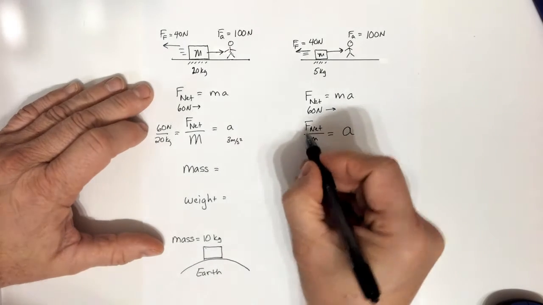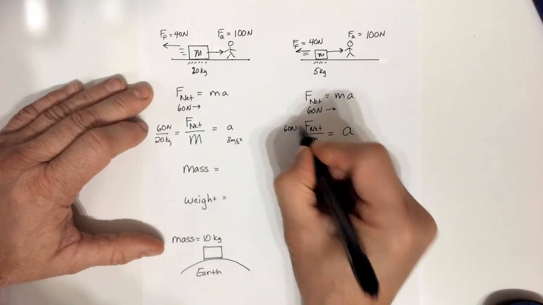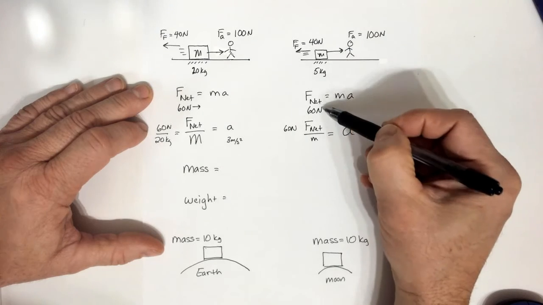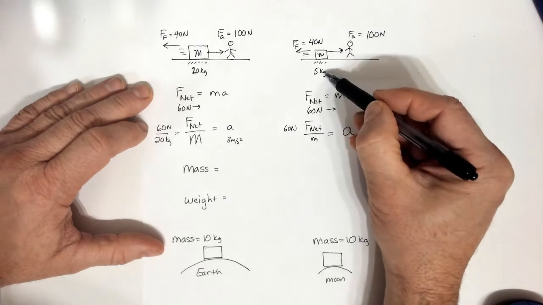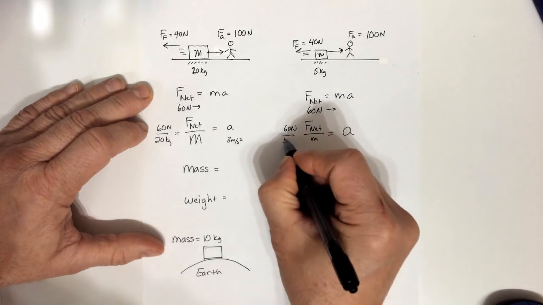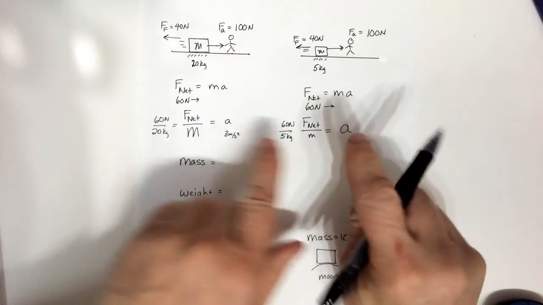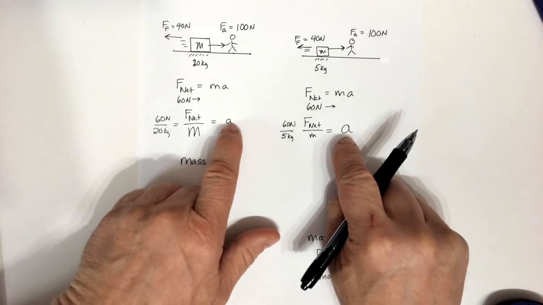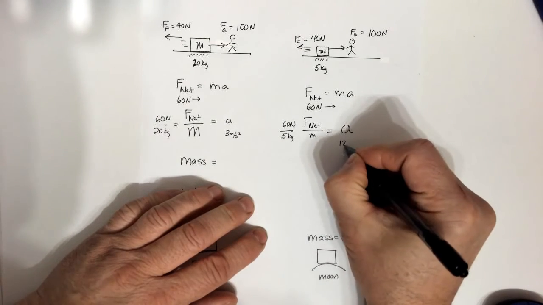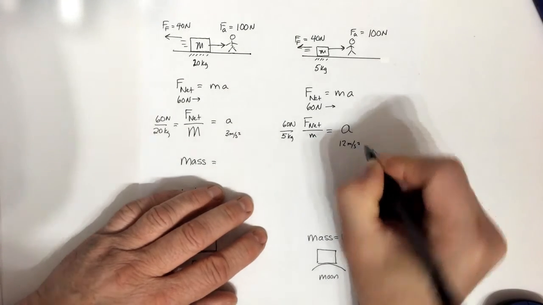But if we have 60 newtons, and we're applying extra leftover 60 net newtons on a smaller object, then what's going to happen is we're going to end up with a much larger acceleration. And in fact, that's 12 meters per second squared.